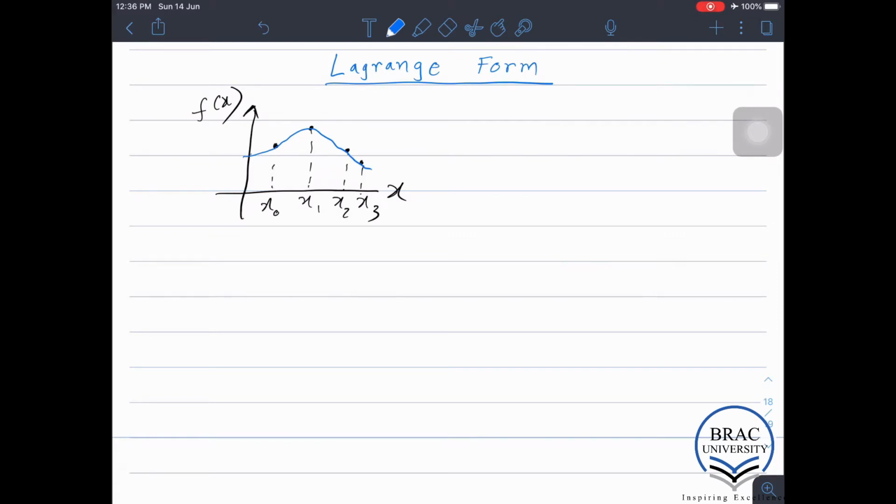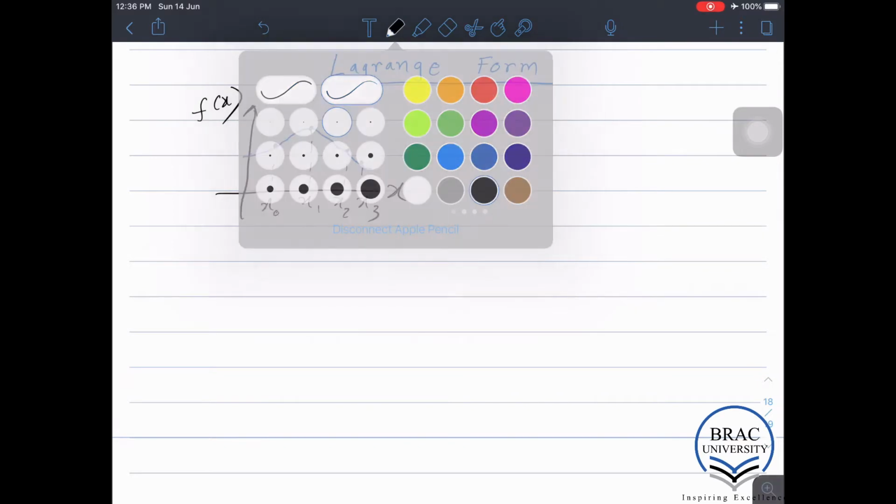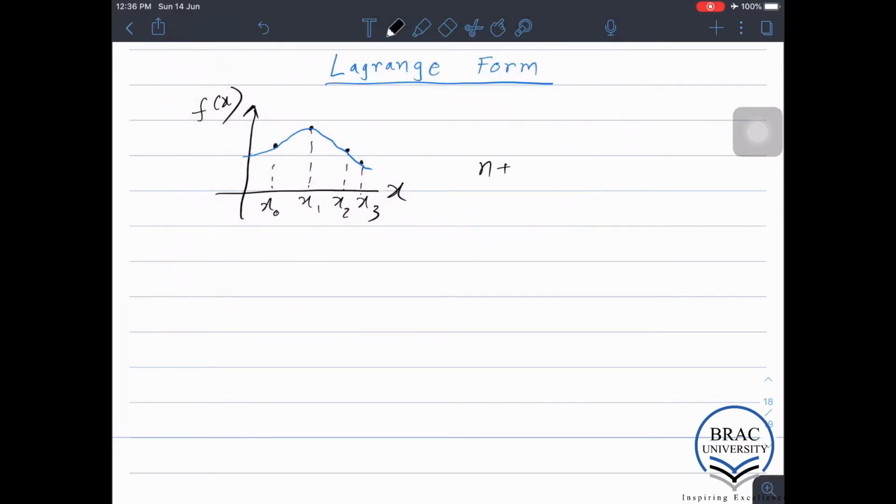We had some conditions, and we also saw that if we have n plus 1 nodes, that implies that my polynomial is Pn, a degree n polynomial.